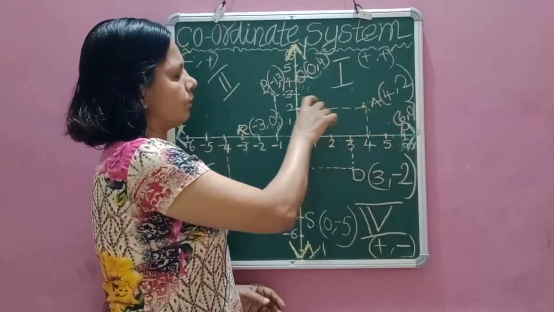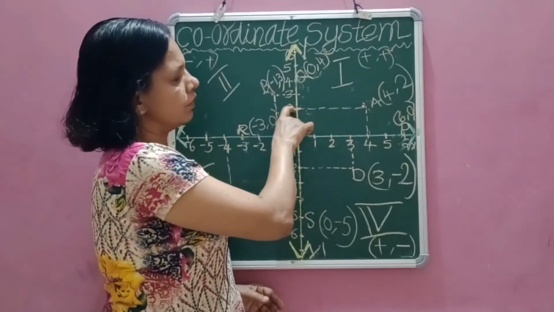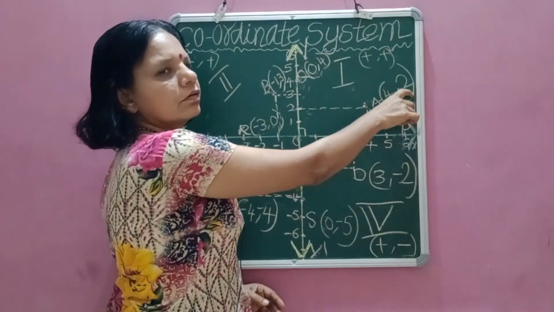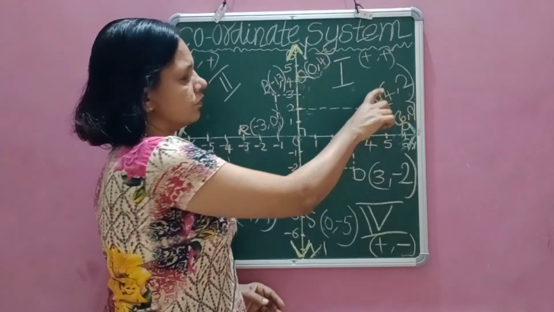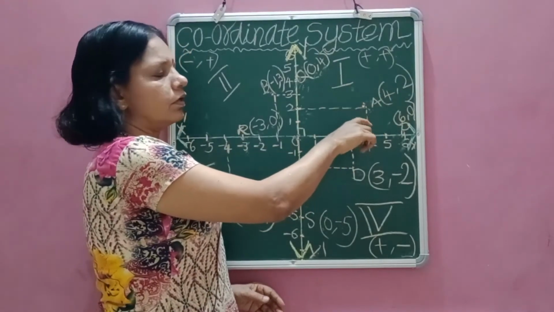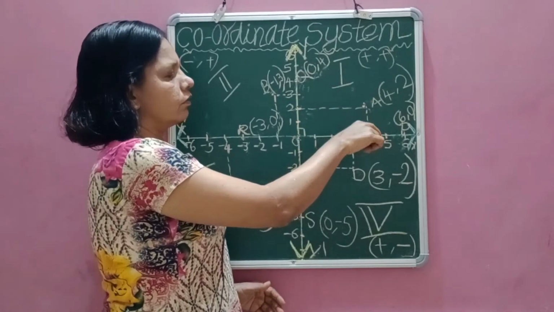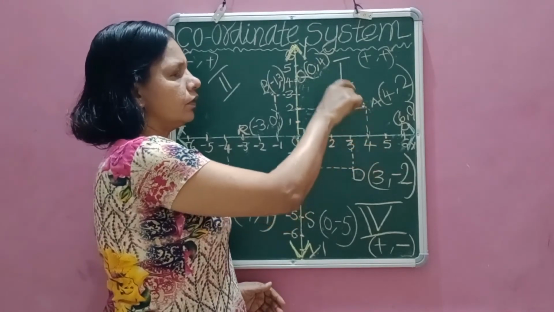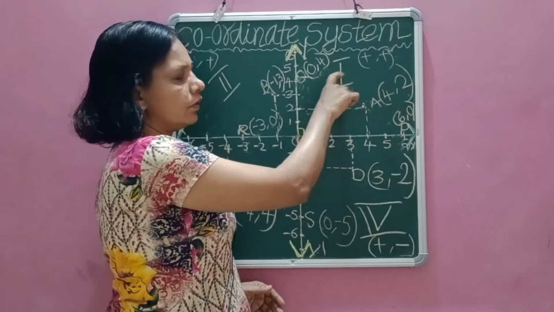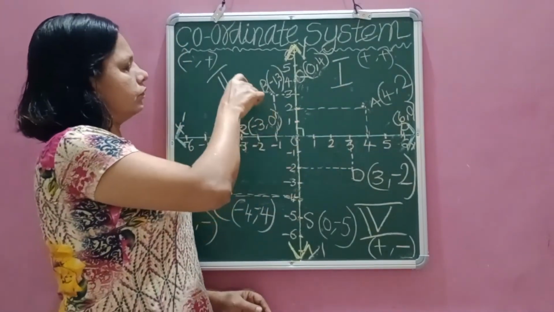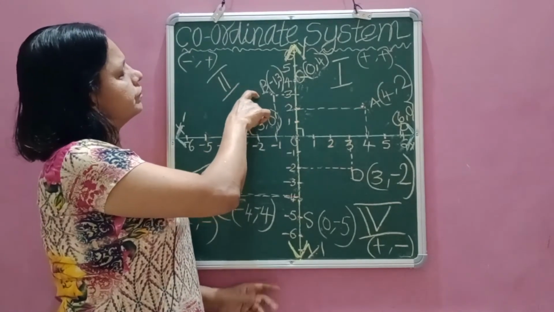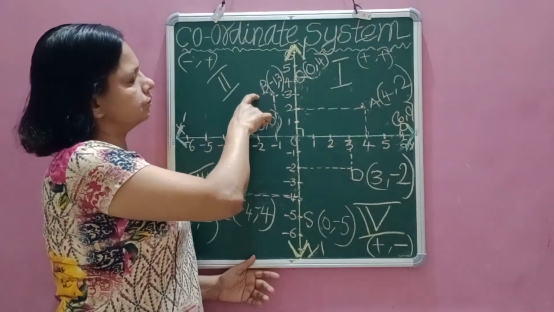From A, draw a perpendicular to y-axis, you will get the y-coordinate. Here you can see that both the x-coordinate and y-coordinate of a point in the first quadrant are positive. Both are positive.